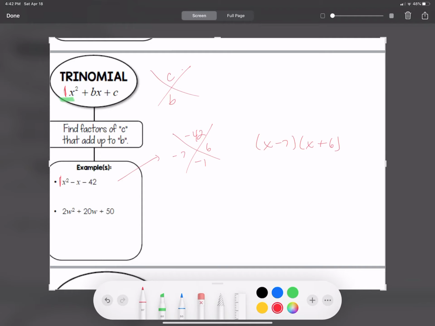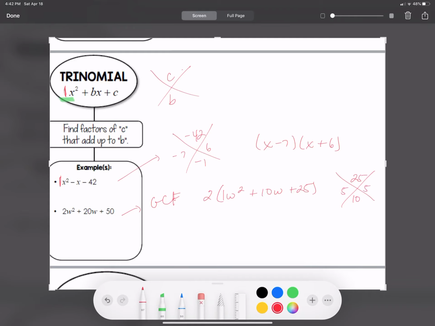In my second example, I have a GCF that needs to come out before I can do anything else. So I need to take out a 2. When I take out a 2, I'm left with w squared plus 10w plus 25. Now I have a 1 as my leading coefficient, so I can ask what multiplies to 25 and adds to 10.